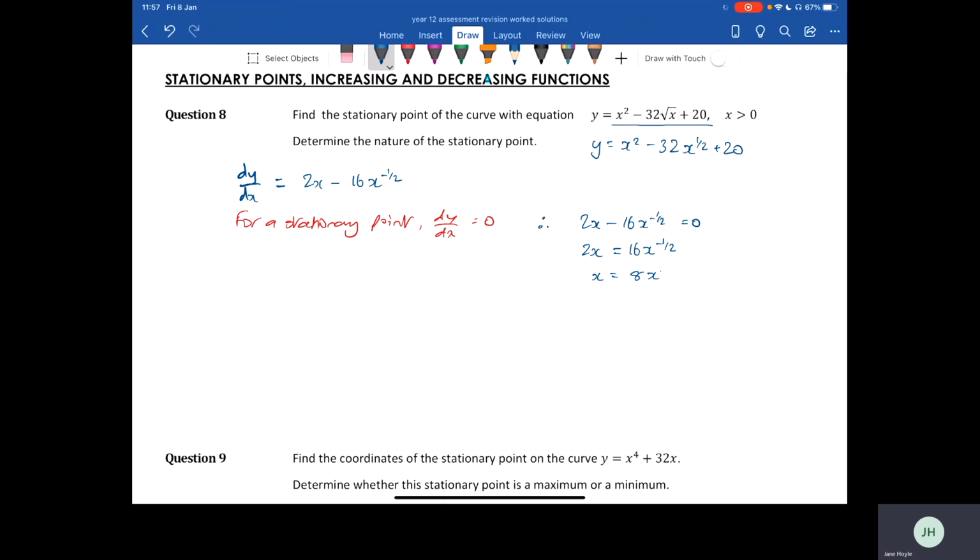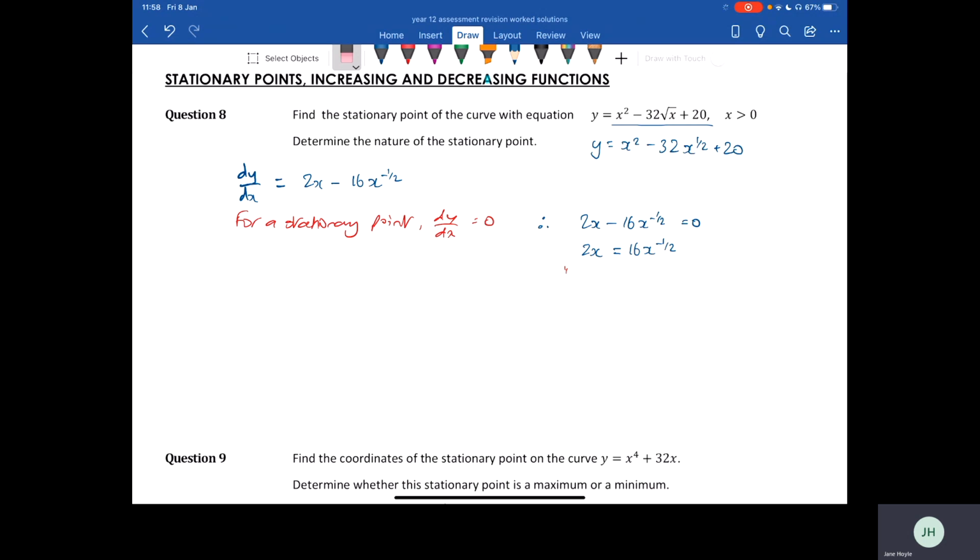Now, I've kept this as a power of negative a half. My instinct would be to rewrite it. However, from this point here, hopefully you can see that if you multiply both sides by x to the half, that would get you x to the power of 0, and you would collect your x's together in one place.